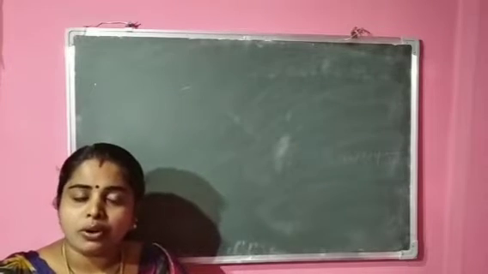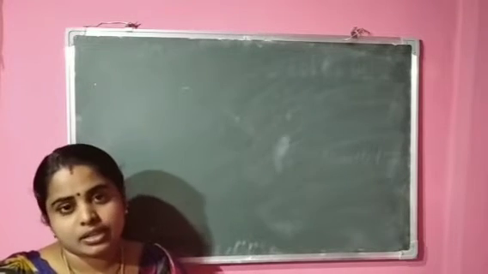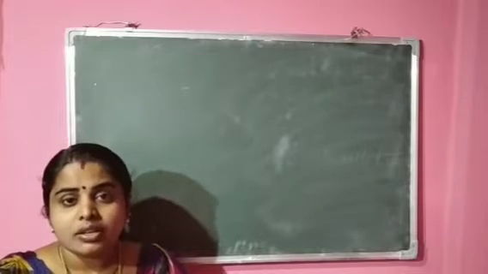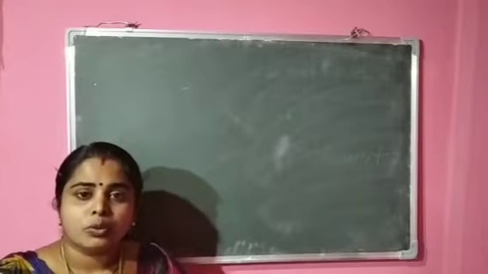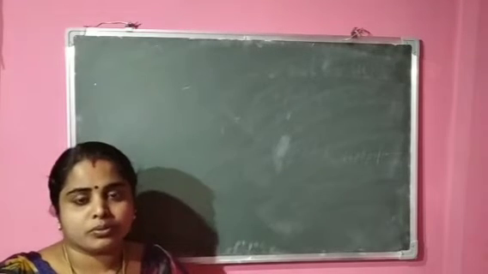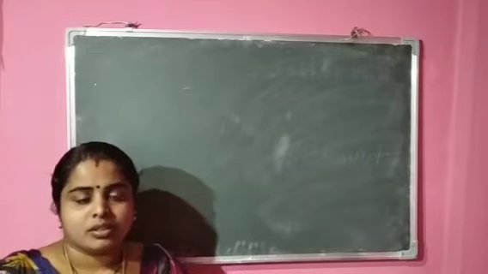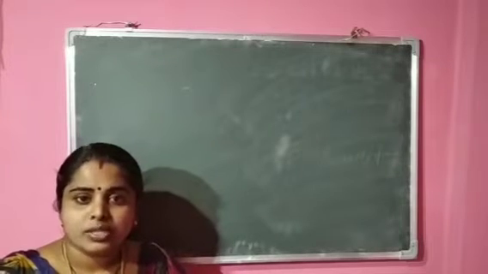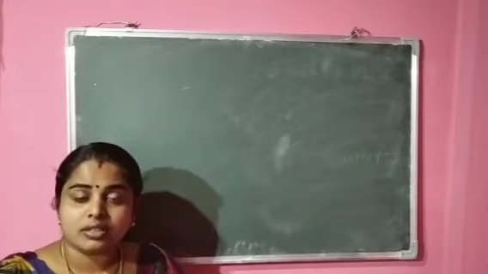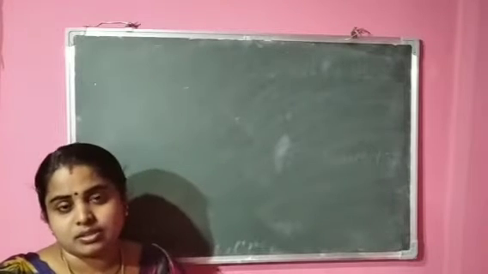Okay, I hope you all understood that section and you studied that section. Next, today we are continuing with the topic, what is an electric motor? An electric motor is a device which converts electrical energy to mechanical energy.